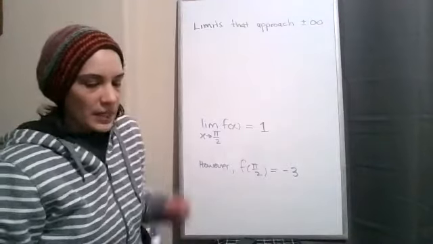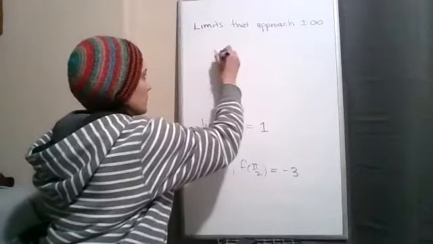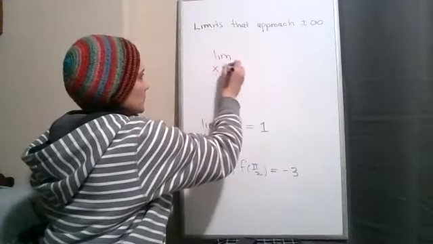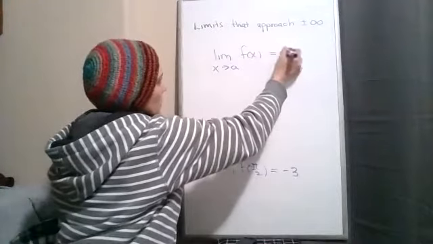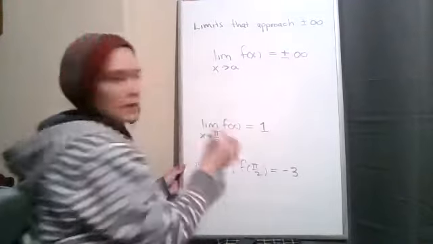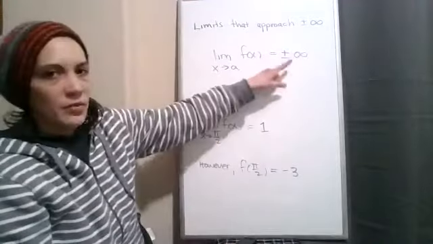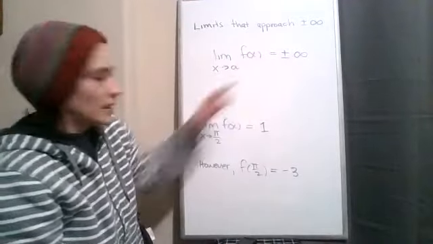First I have the limit as x goes to a of f of x equal to positive or negative infinity. It's going to be positive infinity or negative infinity.